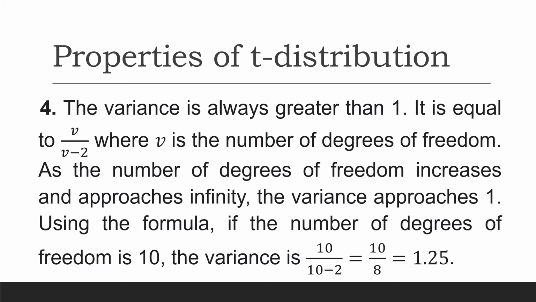And as the degrees of freedom increase and approach infinity, the variance approaches 1. Using the formula, if the number of degrees of freedom is 10, the variance is 10 divided by 10 minus 2, which is 10 over 8, or 1.25.